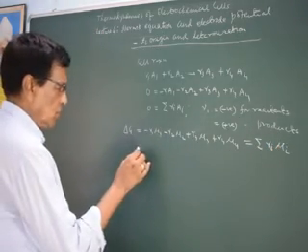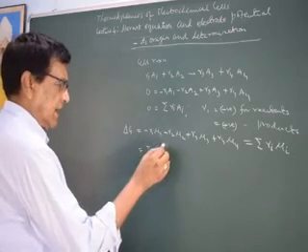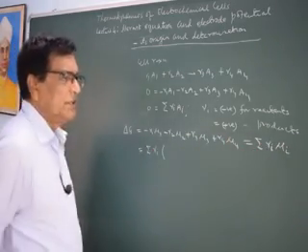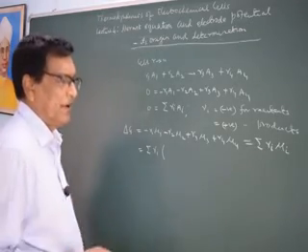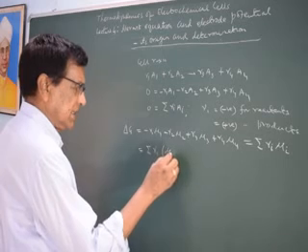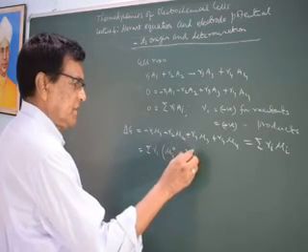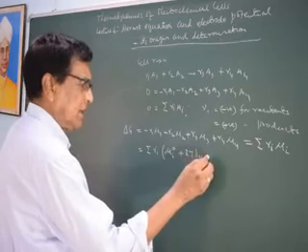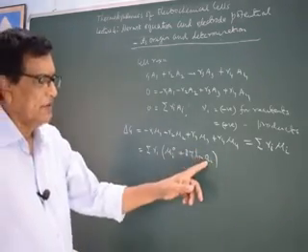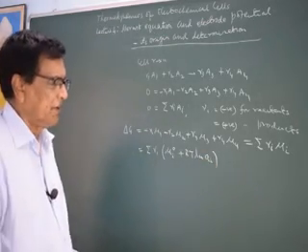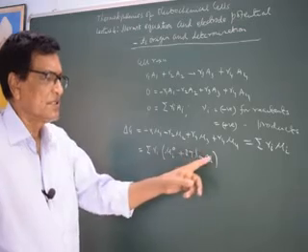This mu I actually depends on the activity of the ith component, so it is equal to mu I naught plus RT ln AI. This AI is the activity of the ith component, and mu I naught is the standard chemical potential of the ith component.